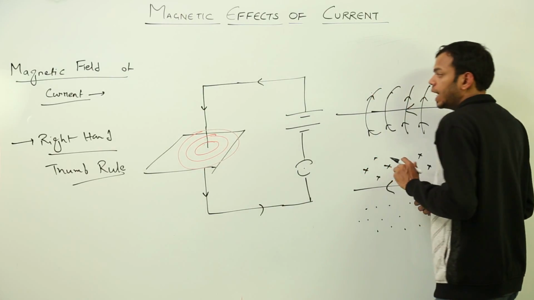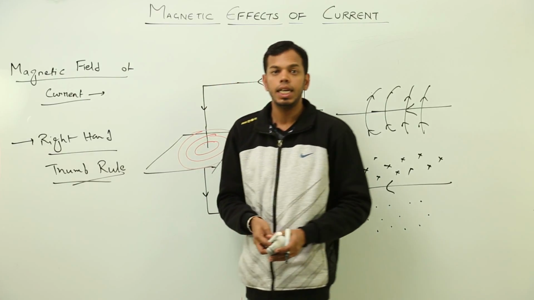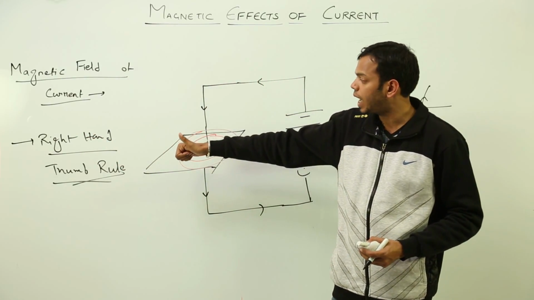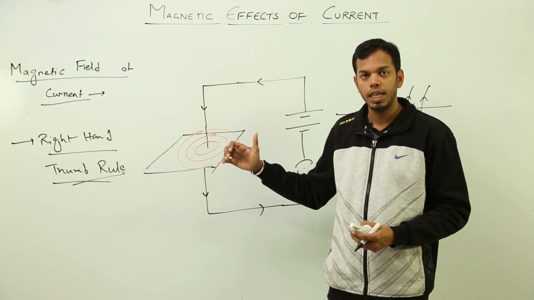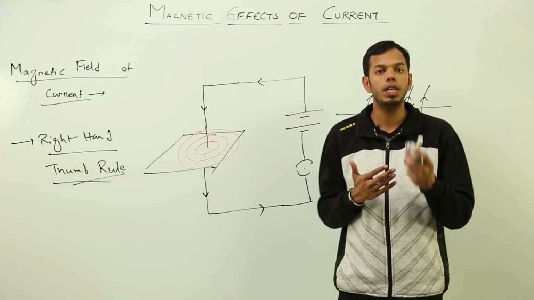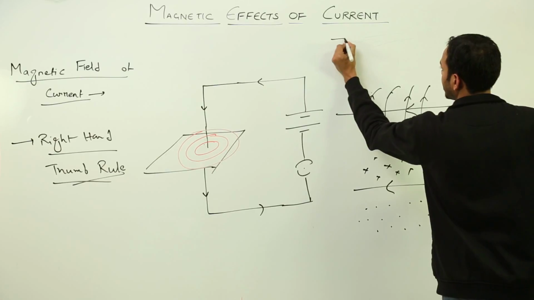Now one more thing. I stated in the right hand thumb rule that if we place the thumb of our right hand in the direction of flow of current, then the curling of fingers gives the direction of the magnetic field. The converse is absolutely true as well. So what did I just say?